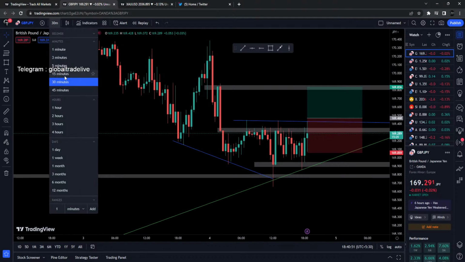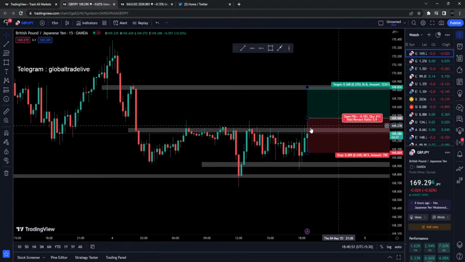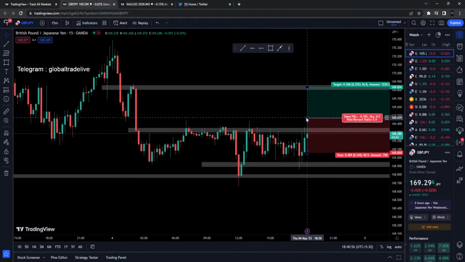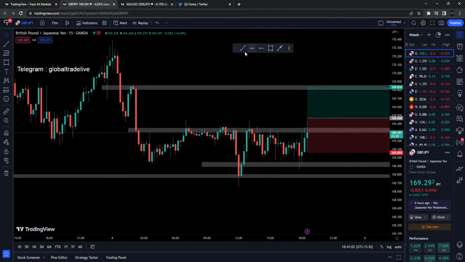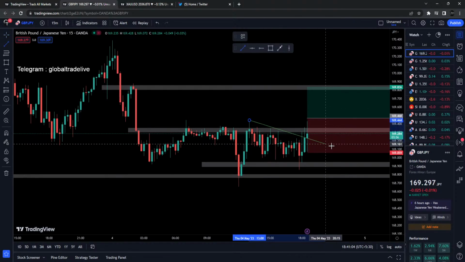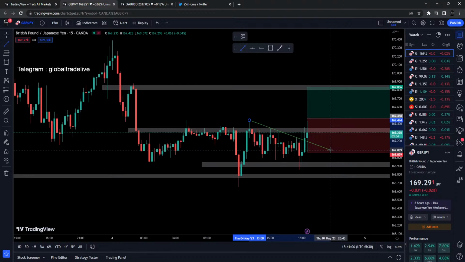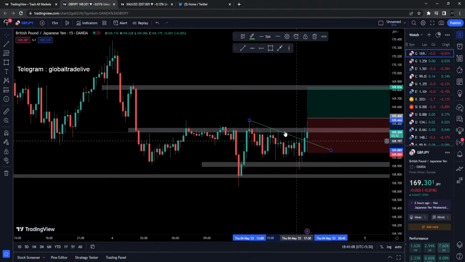Also if I look at the 15-minute, the 15-minute candle is about to close in 4 minutes over here, and if I draw some trend lines, then the market has now crossed above this area.